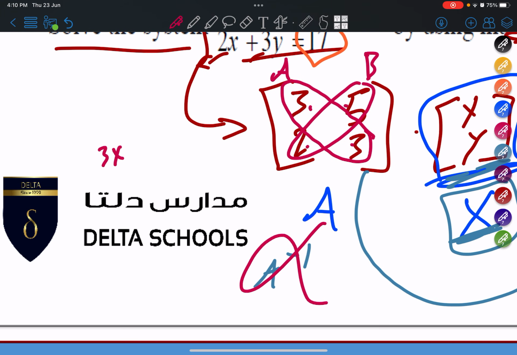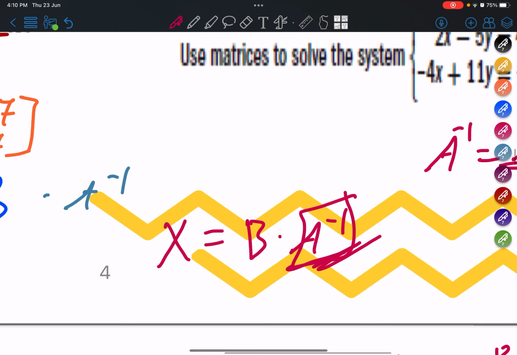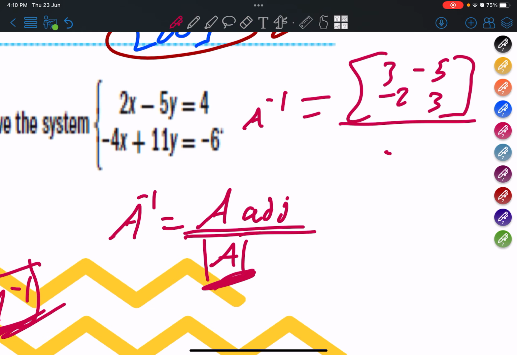So 3 times 3 minus 2 times 5 becomes 9 minus 10, and this will equal negative 1. So essentially the determinant of A is going to equal negative 1.